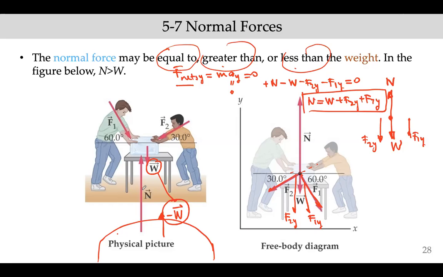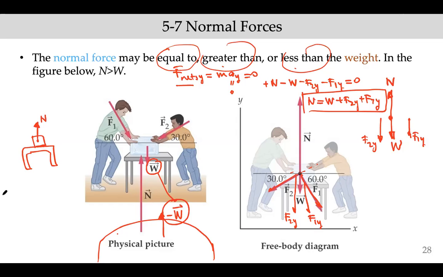What about the other pair of the normal force? Well, the normal force is the force on the ice block due to the table. So say this is the table, and this is the block here. The normal force on the block is because the table is pushing it up.